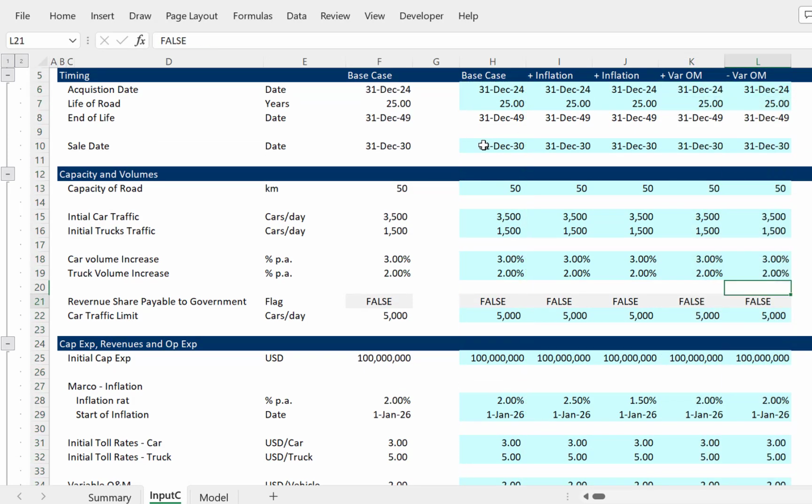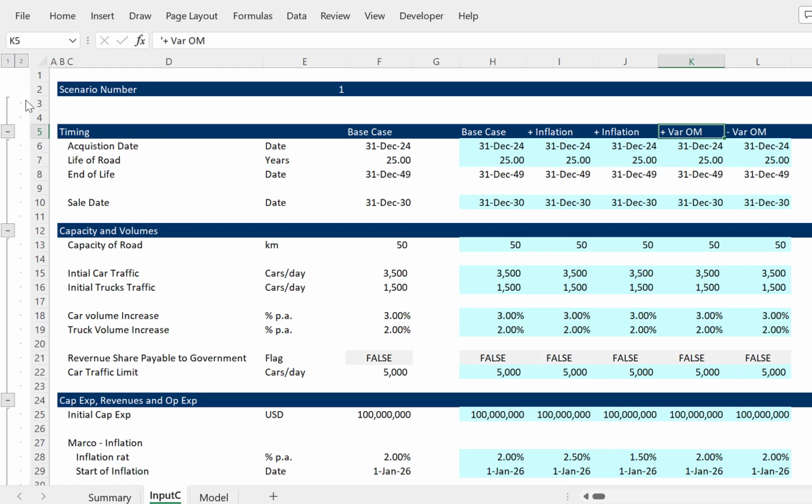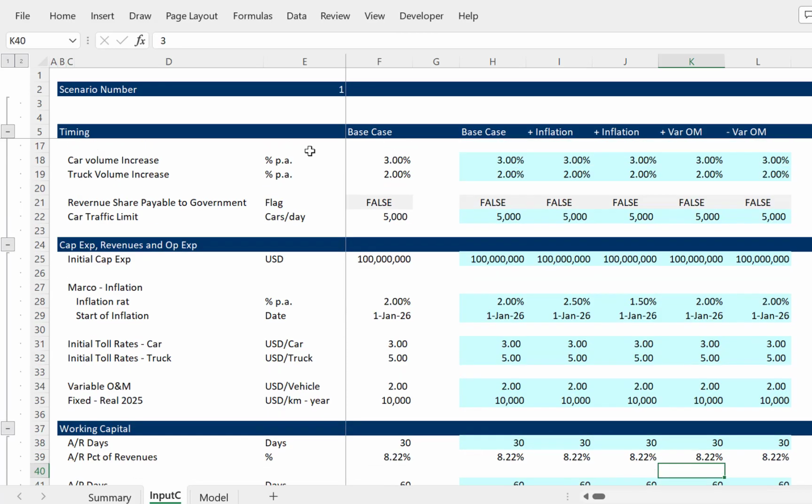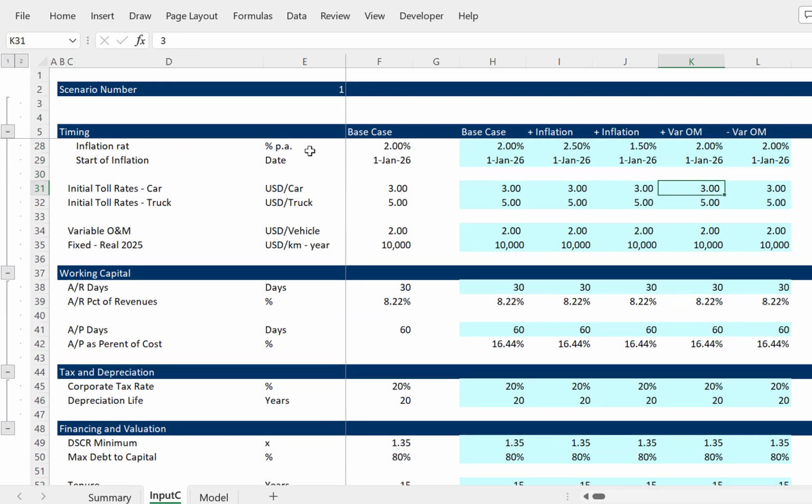And all we do is we put the variable O&M, and I better put this up and make a little alt WFF. And this is extra variable O&M, so this is kind of our downside on the variable O&M.